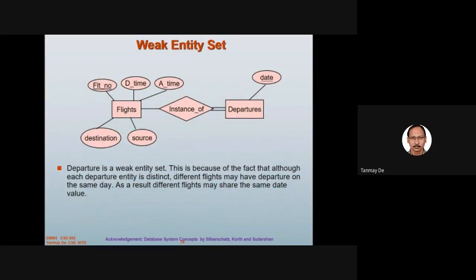The flight and departure, here departure is the weak entity set. Okay, one thing, there is a mistake.